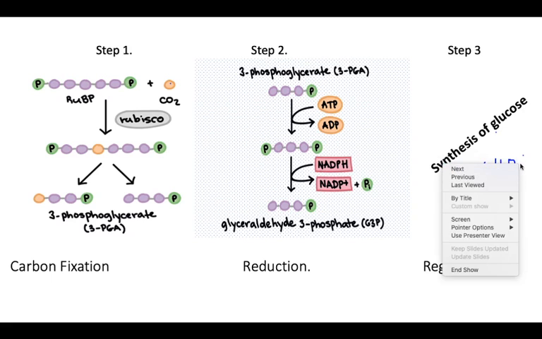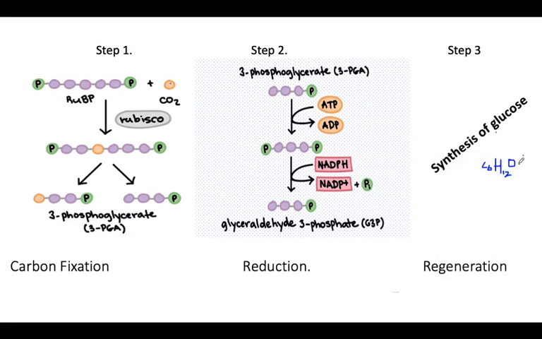So one thing is done, and this G3P, glyceraldehyde 3-phosphate, is converted into glucose, but not all of it. A majority of the portion, let's say 90%, reverts back into the cycle for the generation of this compound, the ribulose bisphosphate compound.